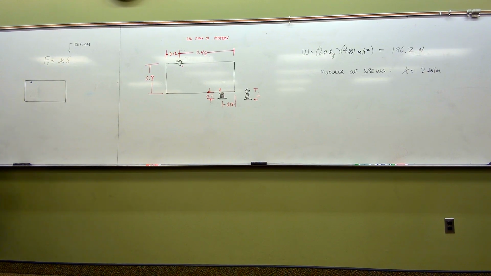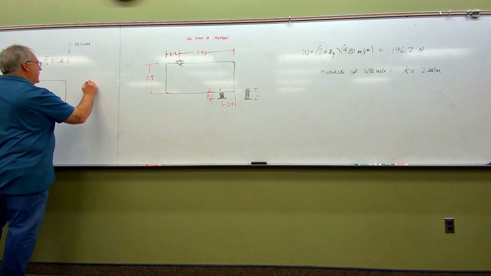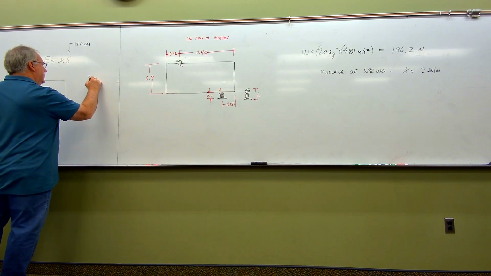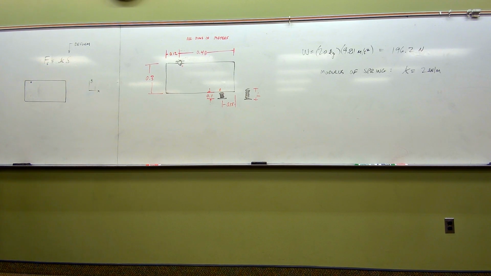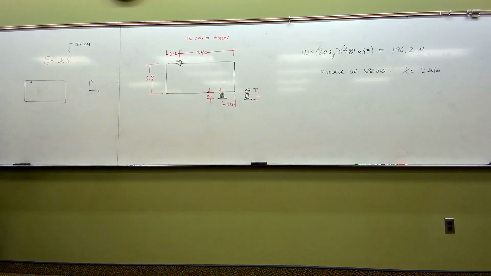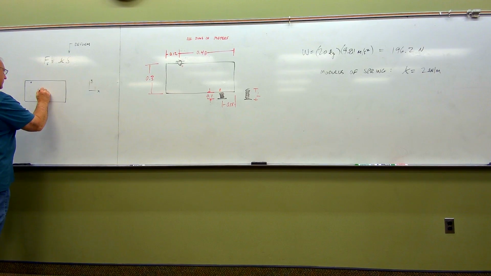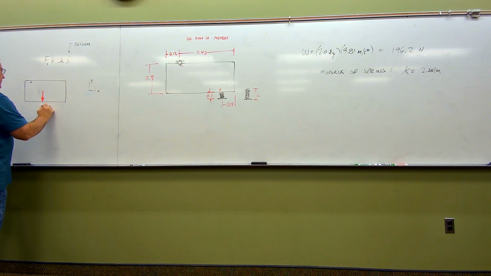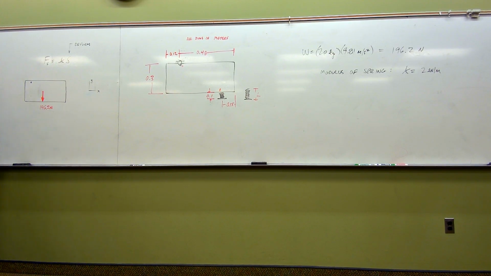Now, the same old, nothing's new here. Free body diagram, sketch, coordinate axis system. The standard one is going to do just fine. We have already been told that this plate is uniform and has a weight of 196.2. So right in the geometric center, we're going to show a weight going straight down, and we know that weight is 196.2 newtons.